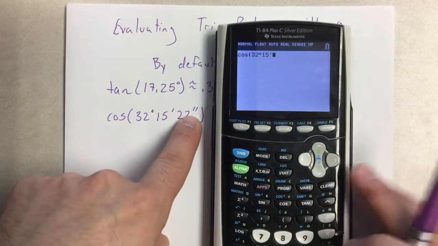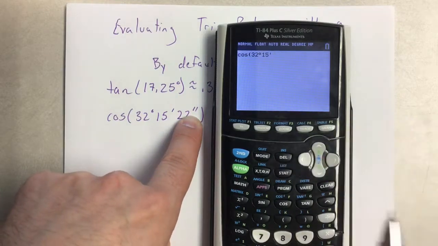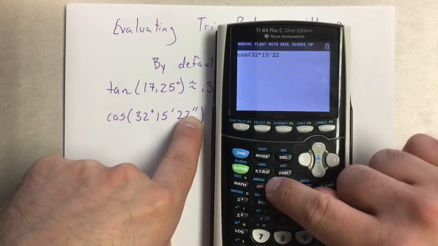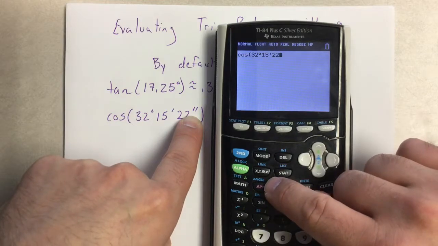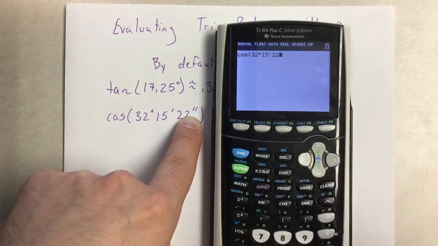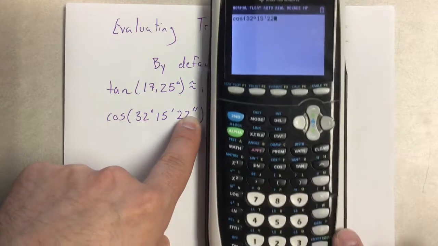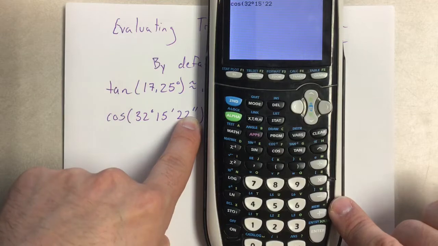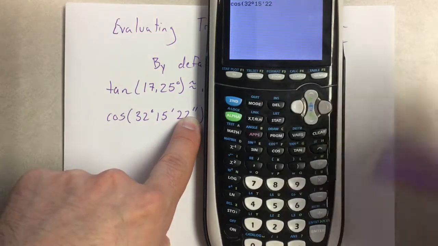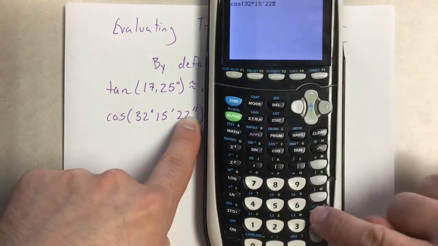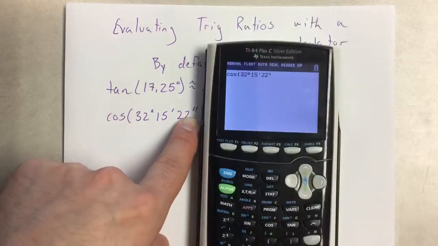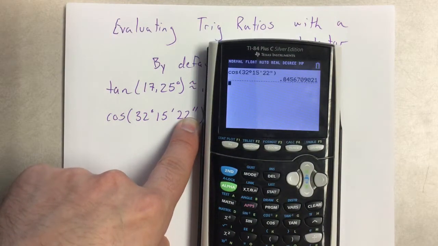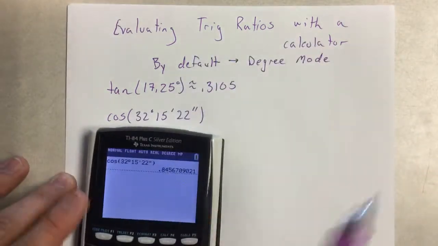Now you would think the seconds symbol should be in the angle menu, but for whatever reason, it's not. The seconds symbol is over here by the plus sign, right beside where it says mem. Since it's in green, I have to hit alpha, plus, so there's a second symbol, and enter, and it recognizes it.